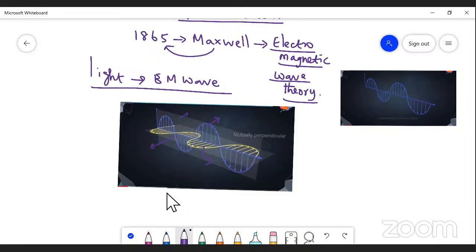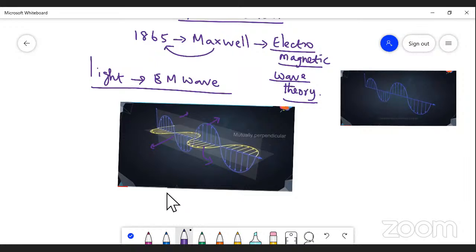In the vertical plane, there are vibrations of electric field. In the horizontal plane, there are vibrations of magnetic field. Here, the two planes are also mutually perpendicular to each other. So light is an electromagnetic wave.